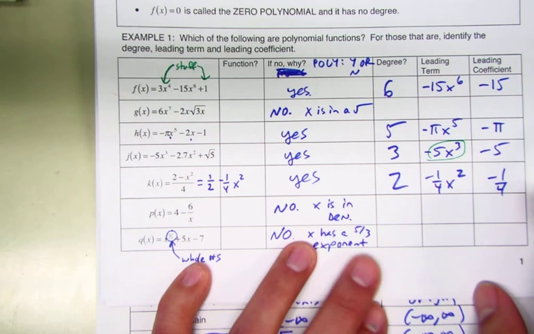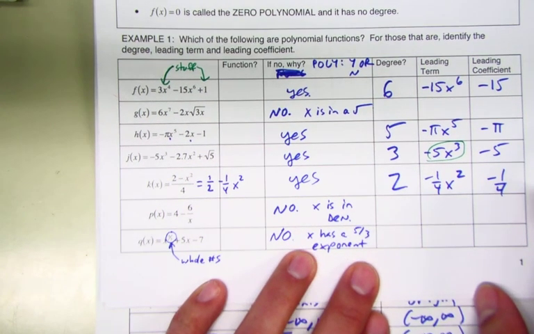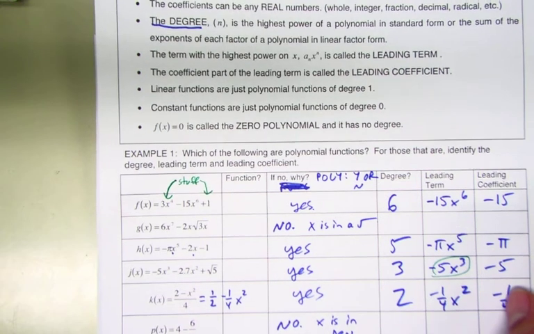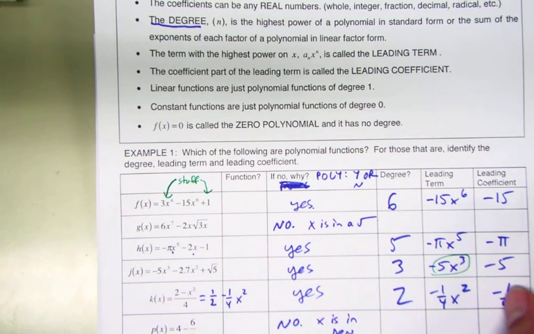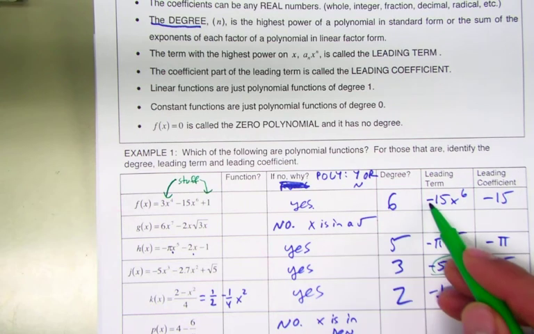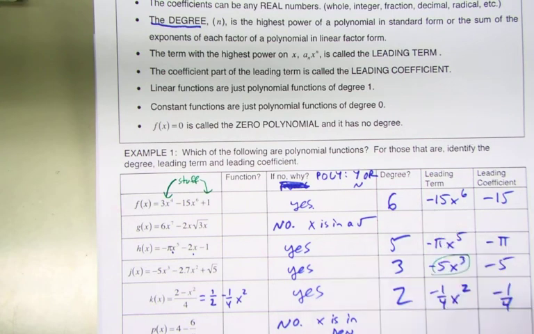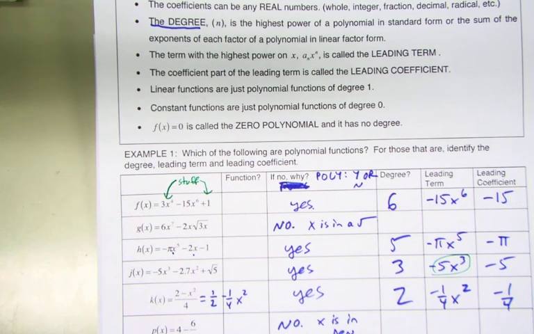Wait, so for the first one, for example, you said it's like x to the 6. Yes. Well, if you imagine it, it's going to open up. But there's a negative in front of that, so it's going to open down. If it's even, it opens either up or down.